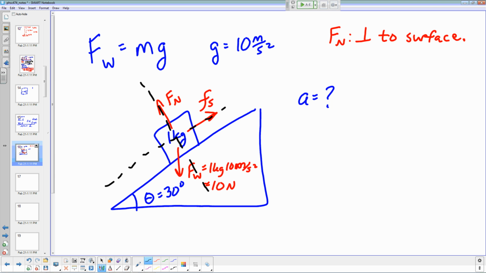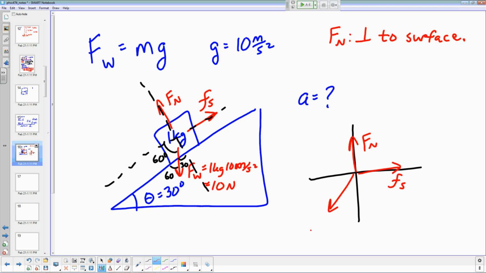If this angle is 30 degrees, then this angle will equal 60 degrees. So if I draw my coordinate system over here, redrawing all the vectors, I have Fn, Fs, and Fw.